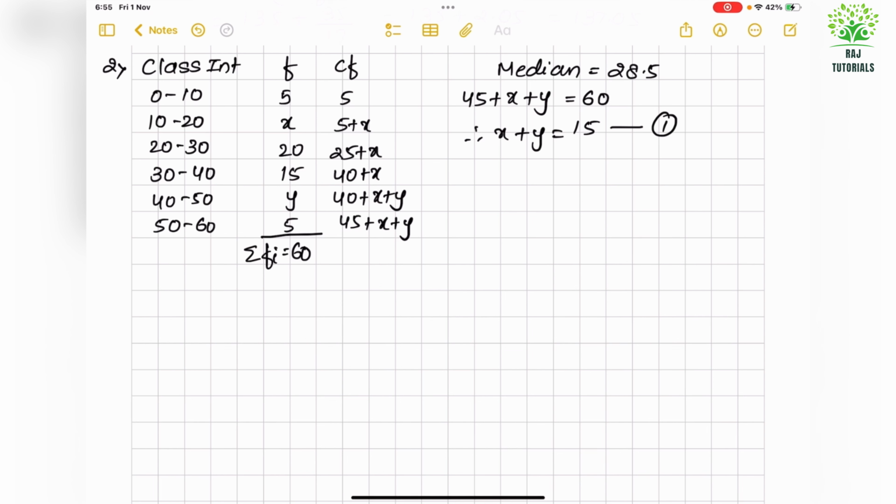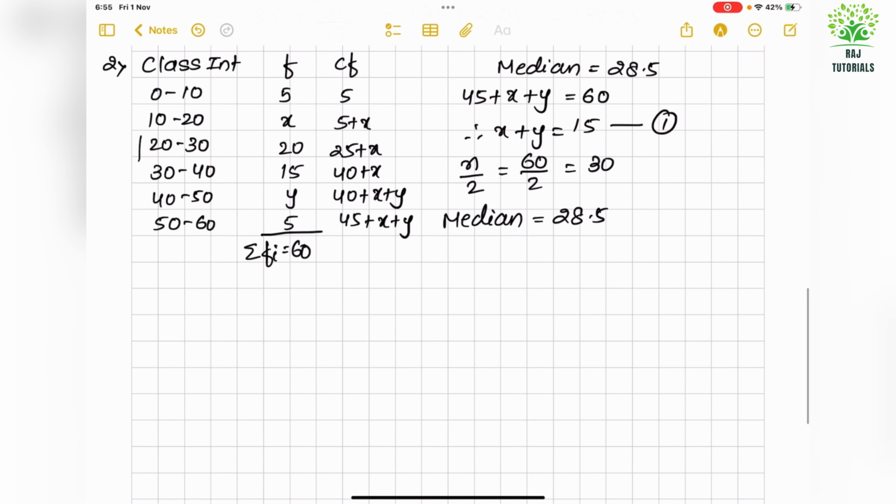Now as the total is 60, n by 2 will be 60 by 2, so that will be 30. Now the median is given, so I am writing the median formula first. The median is 28.5. Now the 30th value will be in the 25 plus x group.